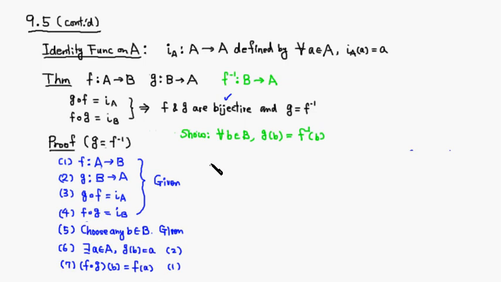Next line, line number 8. Since f of g is an identity function on B, we know that f of g here can be replaced by the identity function of g of b, and the right hand side is the same, f of a. Then line 9.